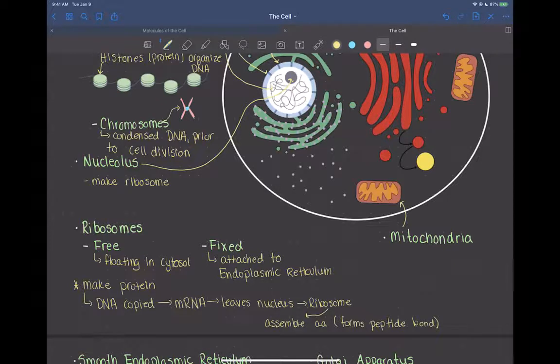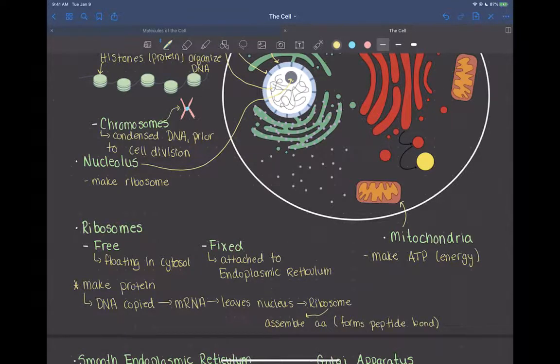If you're asked what the function of mitochondria is, it is to make ATP. That ATP is the form of energy we talked about in the last chapter too, used by the cell. So if you boil it down, it is essentially the powerhouse of the cell, but I want you to be specific. I want you to tell me that the mitochondria makes ATP.